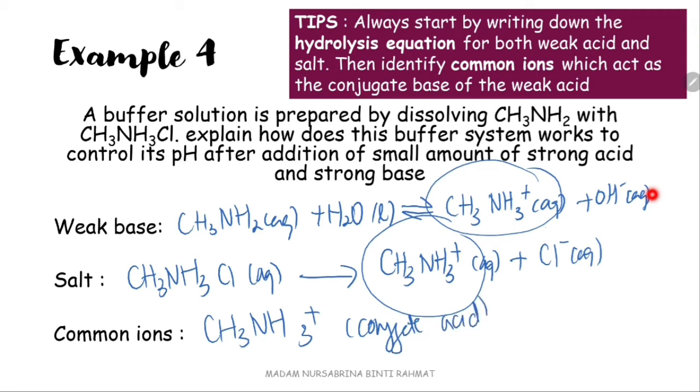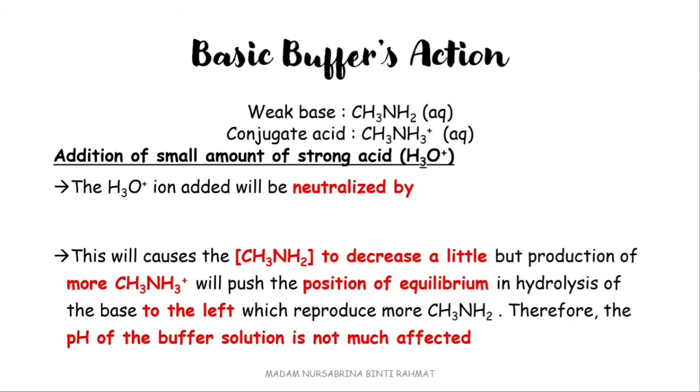The presence of this common ion enables the mixture to work as a buffer system. So how does this basic buffer work? Let's learn now how this basic buffer, a mixture of methylamine and its conjugate acid, works to maintain the pH of the buffer.